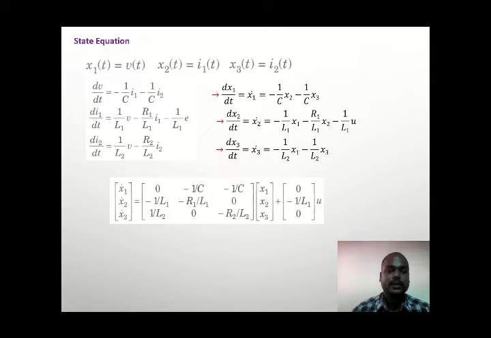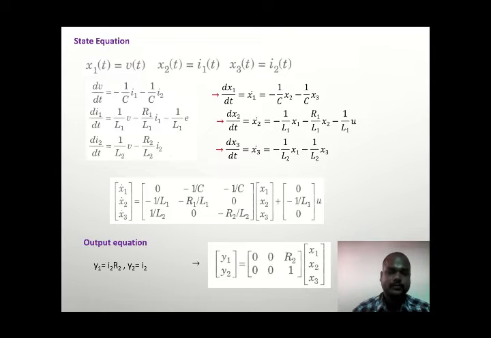After sorting everything out, we can obtain this relationship amongst the state variables, and this matrix will be A, which is the state transition matrix, and this will be the matrix B, which is the input gain matrix. And it depends on us what we want to obtain as our output.